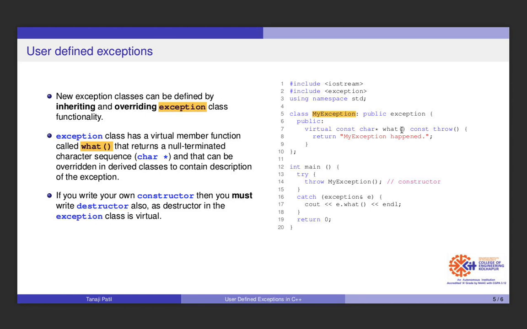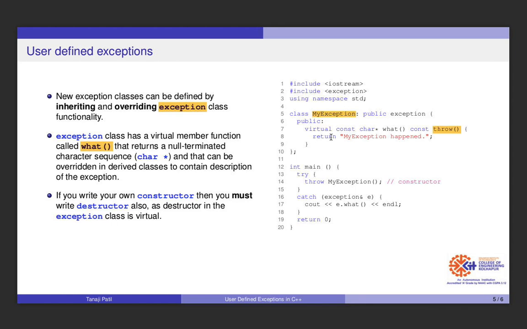There is no argument. This is a constant method, so this is not supposed to modify any member. And after that an empty throw is there. The meaning of this is that this what method does not throw any exception. Now this returns some char star. Note that it should be const char star.